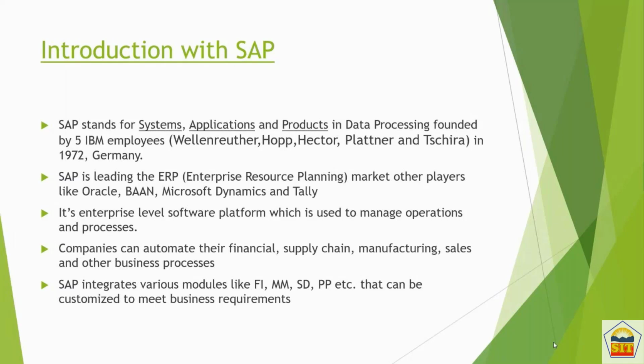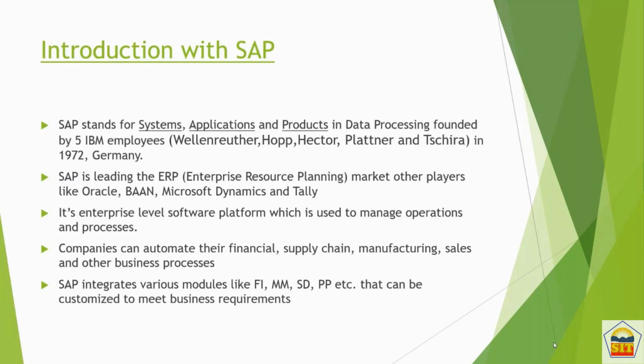It's an enterprise-level software platform which is used to manage the operations and processes. In any company, we have different departments. It could be sales, inventory, it could be finance.